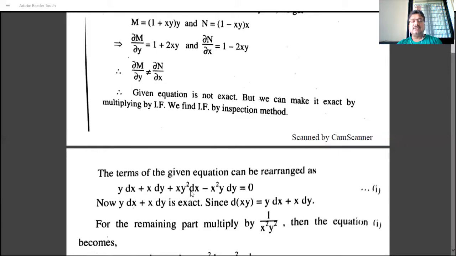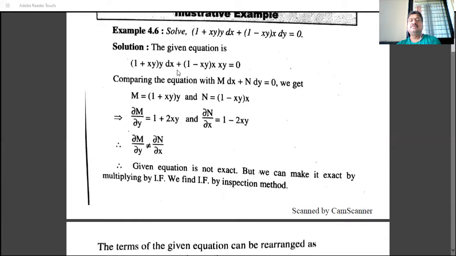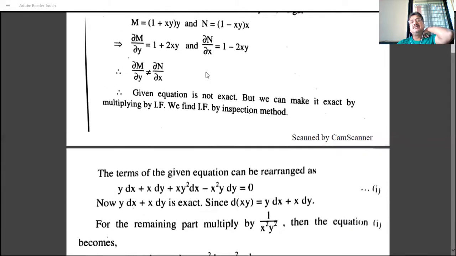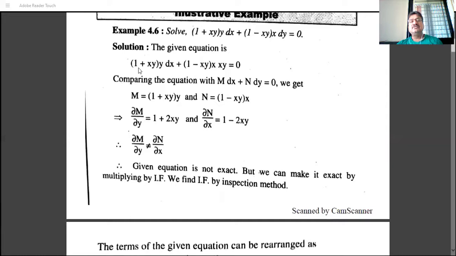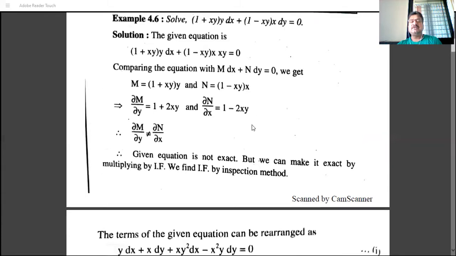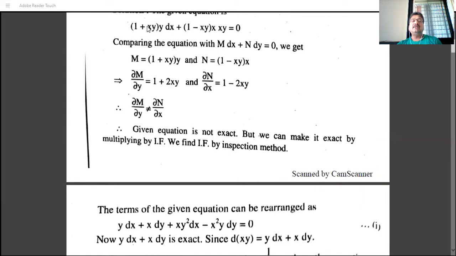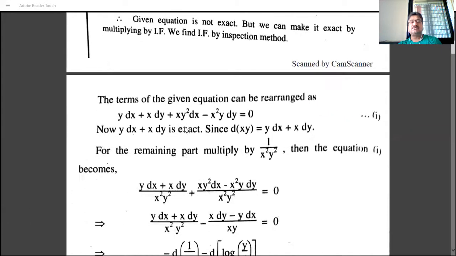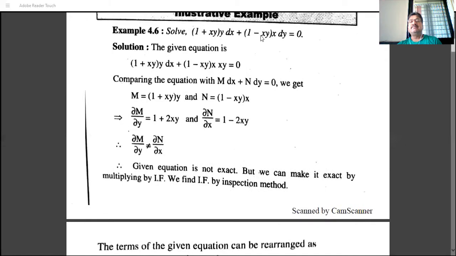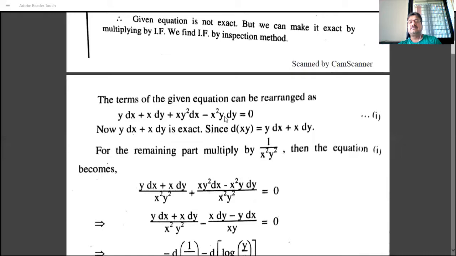So how can we rearrange the terms of the given equation? We split the terms and rearrange them. There are the terms y dx plus x dy, so write the first two terms as y dx plus x dy, and the other terms are x y square dx minus x square y dy, as the third and fourth terms, equal to 0.